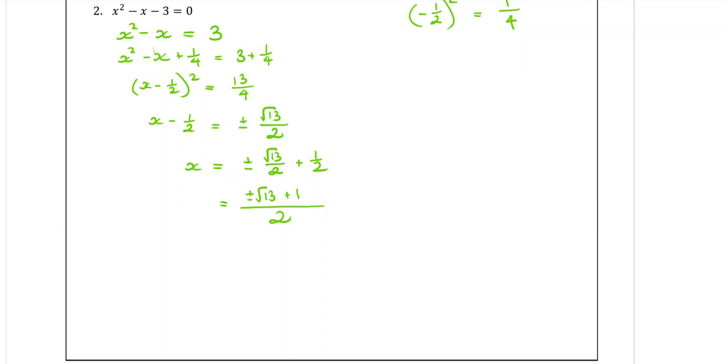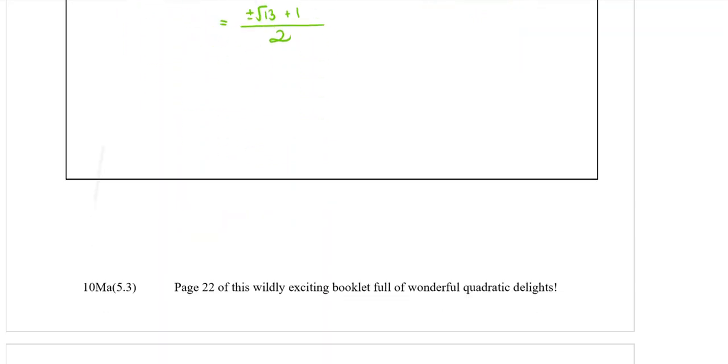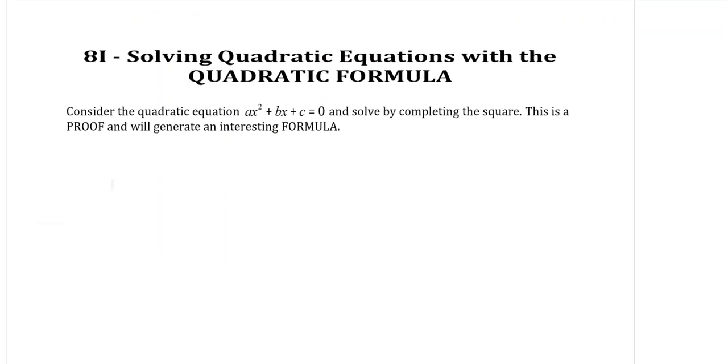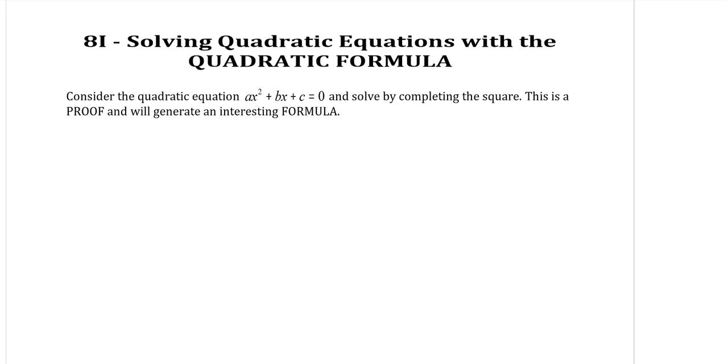Okay, so now that we've revised that, coming to our new work today, we are not just going to give you the formula, I'm going to show you where the formula comes from, which is ax squared plus bx plus c equals 0.